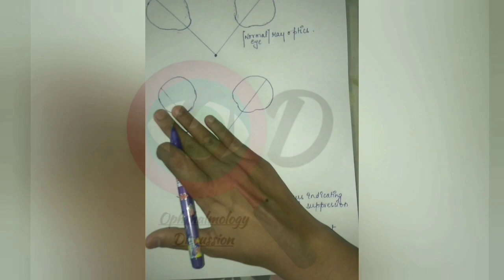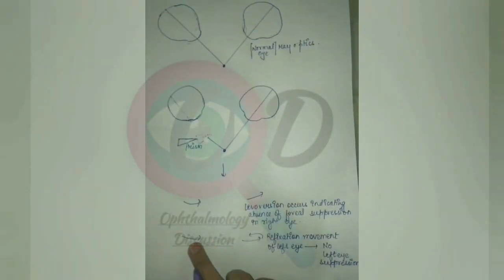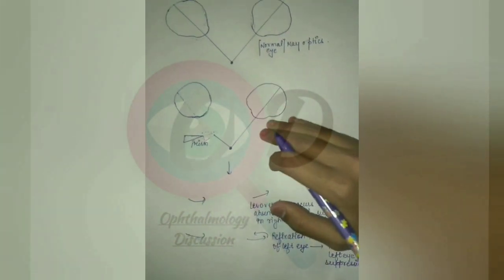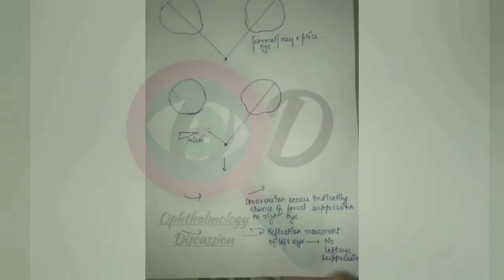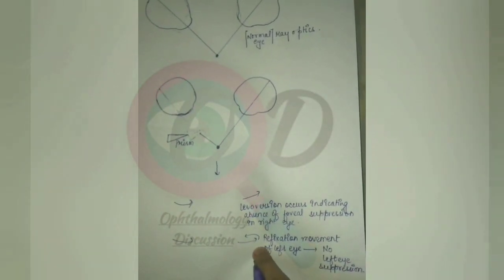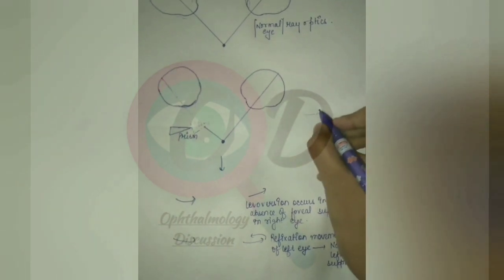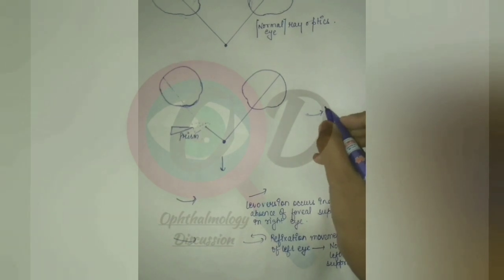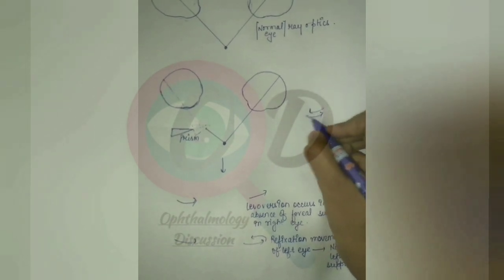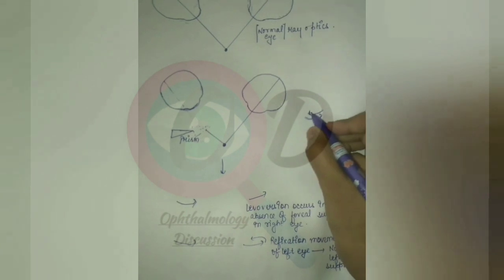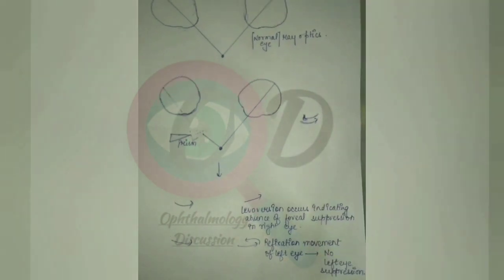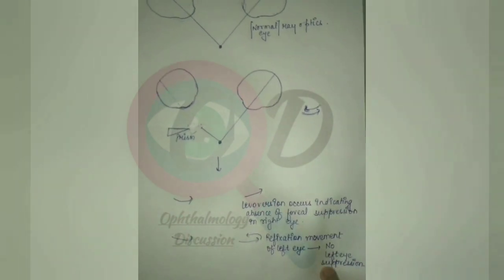If the right eye moves here and the left eye moves here, and then a refixation movement occurs, meaning the eye moves and then returns to its original place, then there is no left eye suppression.